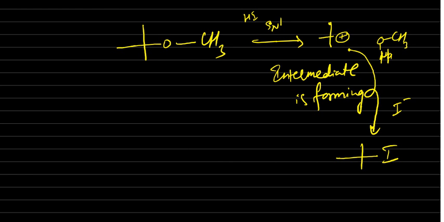Now you understood the SN1 and SN2 mechanisms. If primary and secondary carbons are there, SN2 mechanism. If tertiary carbon is there, then SN1 mechanism. The reason is that a more stable carbocation is forming.